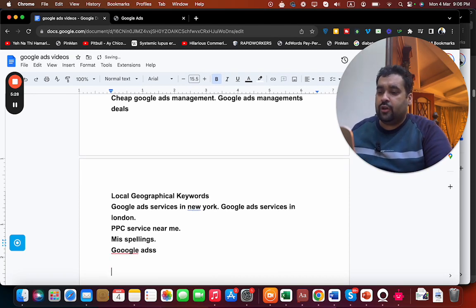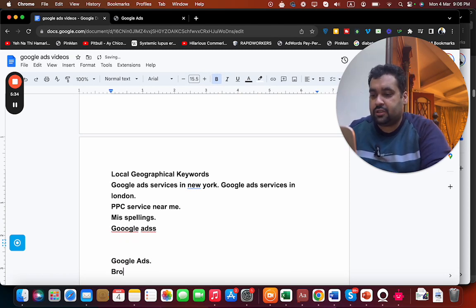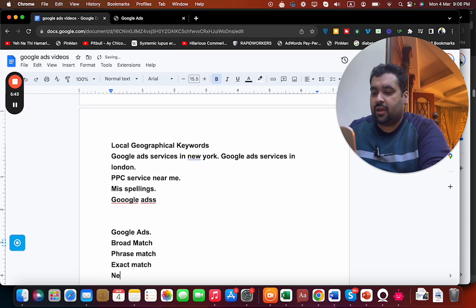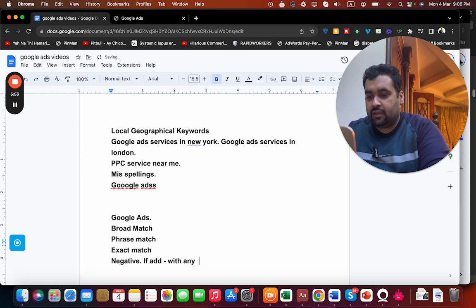Now moving on to the keyword types within Google Ads, you have broad match, phrase match, exact match, and negative match. If I add a dash to a word, it will be excluded.